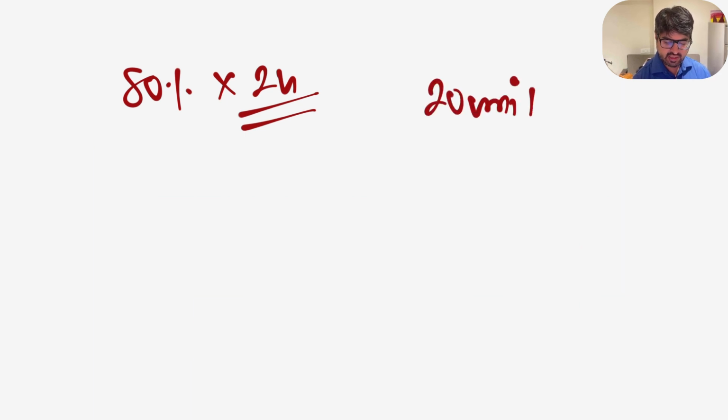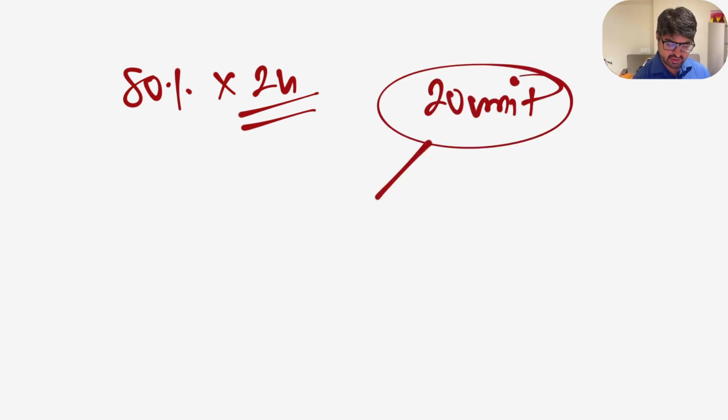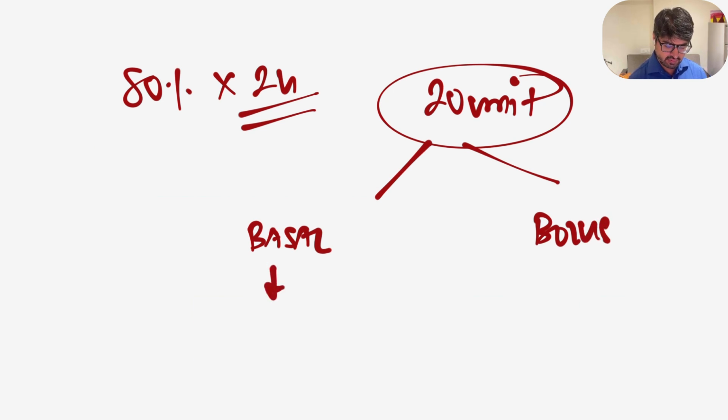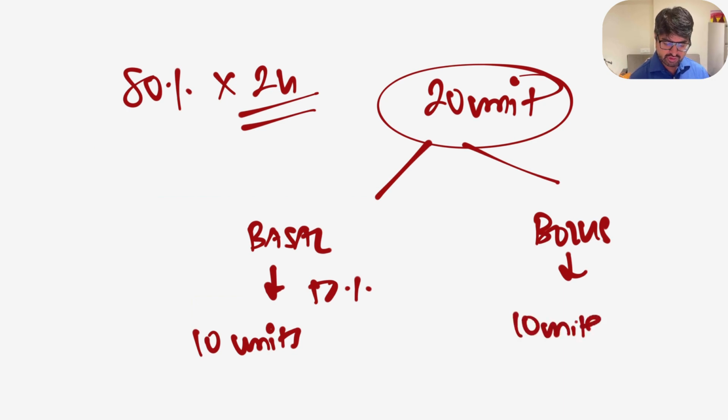Okay. So again, take this 20 units. Now divide this into two parts, basal and bolus. The basal dose will be 50%, which is 10 units, and the bolus dose will be the other 10 units. So typically the prescription I'll give is something like this.